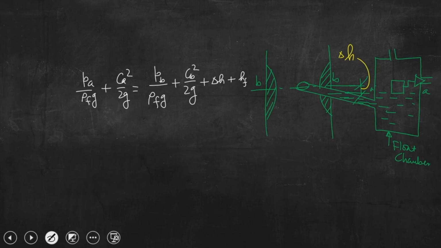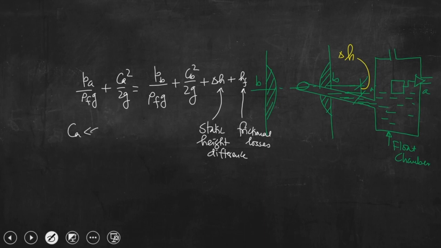This is the frictional loss, and this is the static height difference. And we know that Ca is much less than Cb.